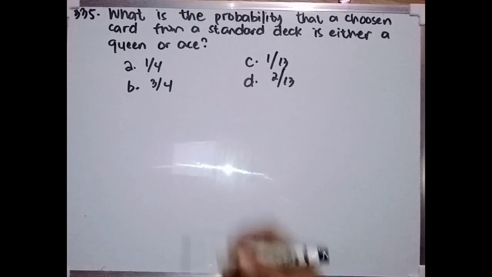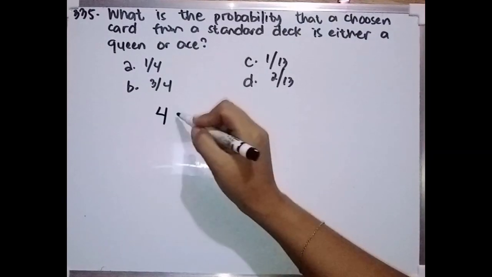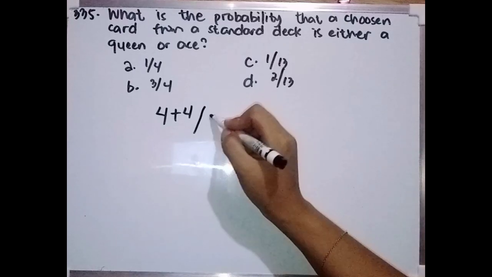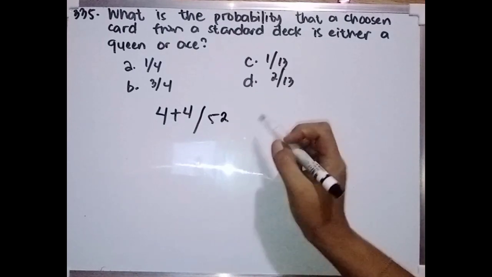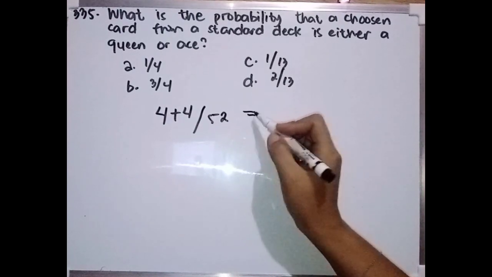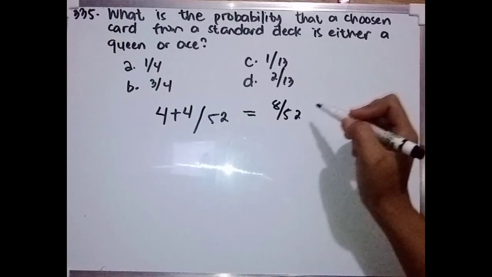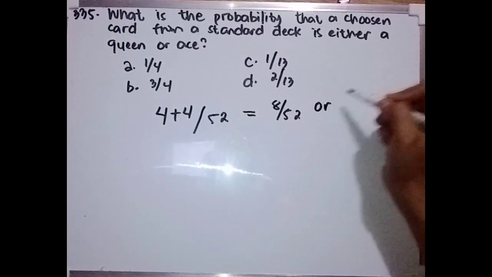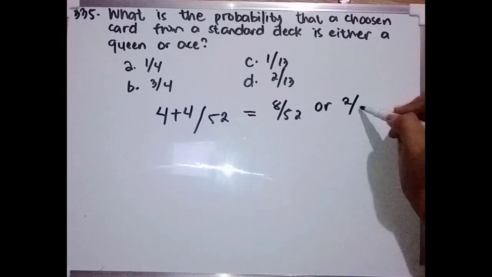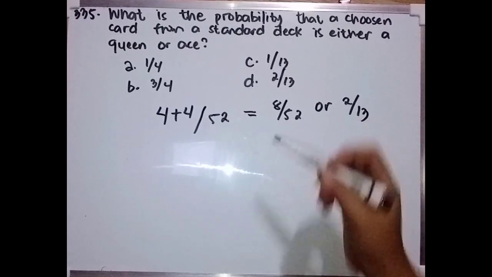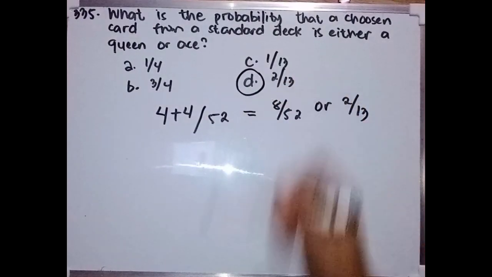So the probability is 4 plus 4 over 52, which is equal to 8 over 52, or 2 over 13. So the answer is letter D.